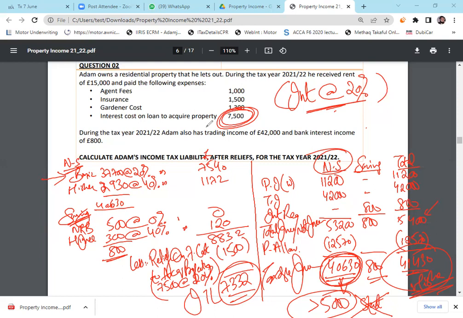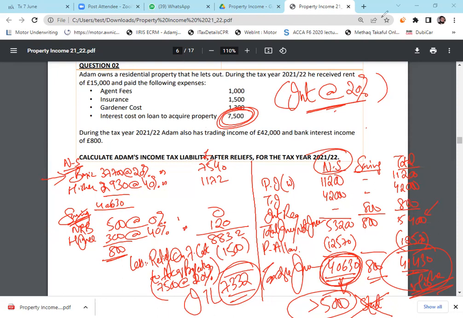That is the first impact, we write zero. The second impact is that the interest at the rate of 20%, whatever amount comes, is going to reduce our income tax liability. Means interest cost on loan to acquire property will be a reducer in ITL, income tax liability. Nothing to do with property income. Got my point?